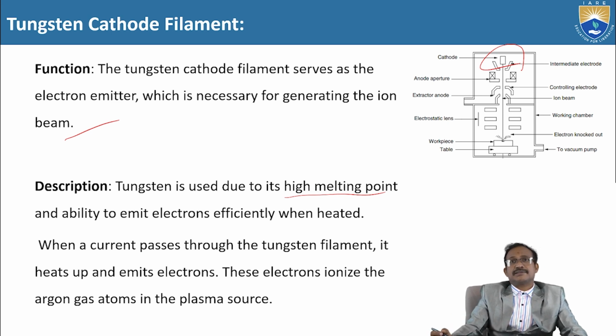These electrons ionize the argon gas atoms in the plasma source. So this is about the tungsten cathode filament.